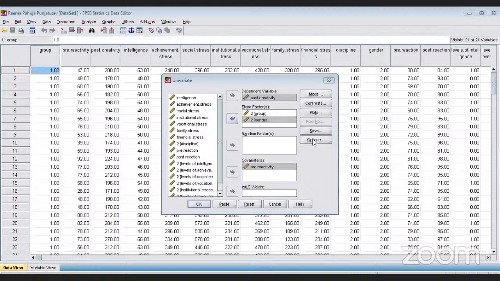Now I go to the option. Discipline is also a discontinuous variable, but I am not taking discipline. I am taking treatment because it is an experimental group, experimental study.